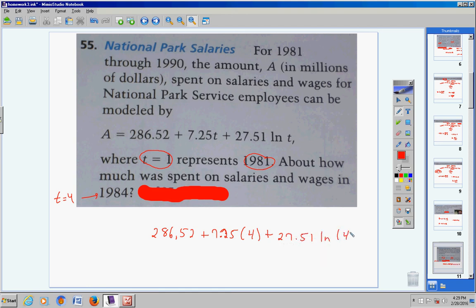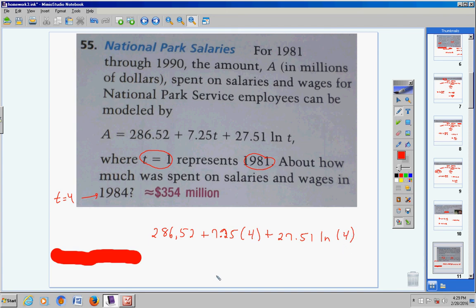You could type this whole thing in just like it is, students. And that's exactly what I would do if I were you. You can take your calculator and type in 286.52 plus 7.25 parentheses 4, close your parentheses, plus 27.51, then push your natural logarithm button, then parentheses 4 parentheses, and hit enter.